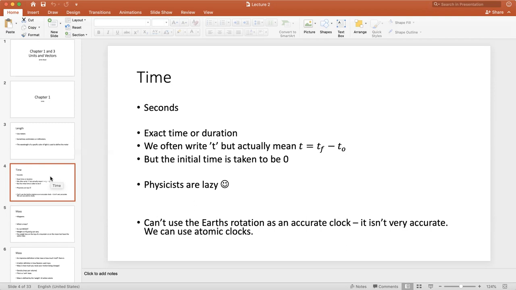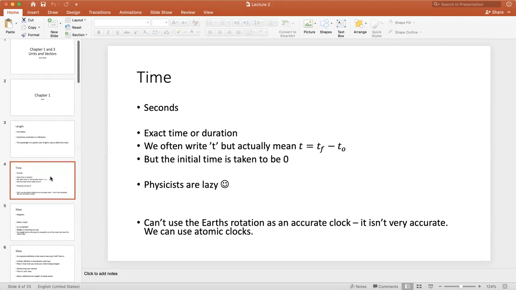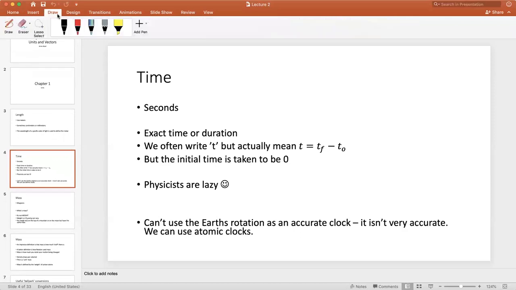We're expressing time, t, as basically a delta t. So t is really a delta t. And whenever you write a delta, you write final minus initial. But we're assuming that the initial time was 0 and we counted some duration, like 20 seconds, let's say. So our final time is 20 seconds and we just write t is 20 seconds, okay?